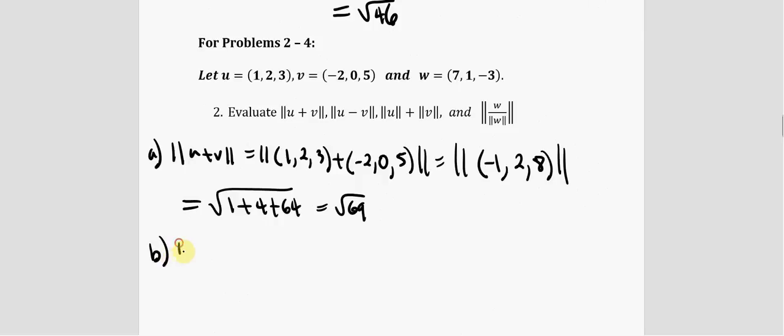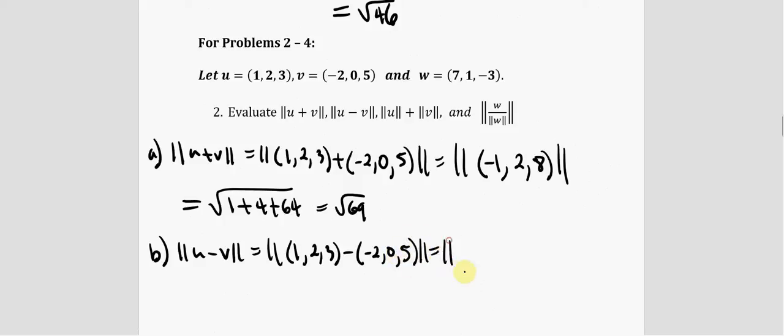The next one, we find the norm of U minus V. This is the norm. U is 1, 2, 3 minus V, which is negative 2, 0, 5. So we get the norm of 1 plus 2 is 3, 2 minus 0 is 2, 3 minus 5 is negative 2.